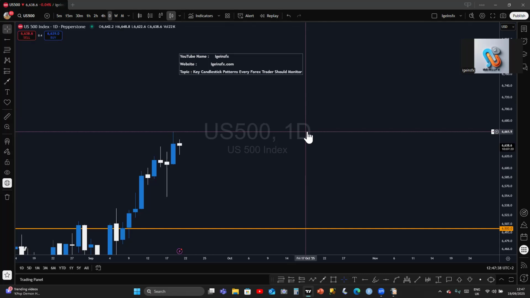No. Once it hits a particular resistance, then you will see candles appear. That type of candle, once you see it, professionals know there's going to be a turn of events.